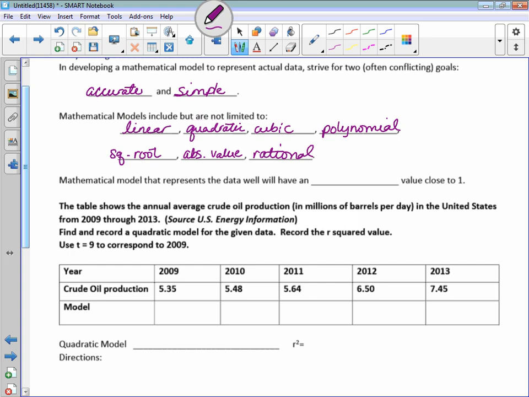So guys, any type of graph that you've ever graphed, you can make a model out of that. Okay?